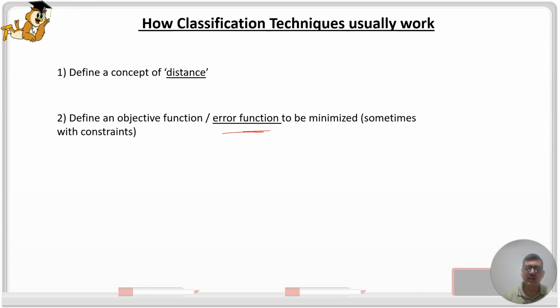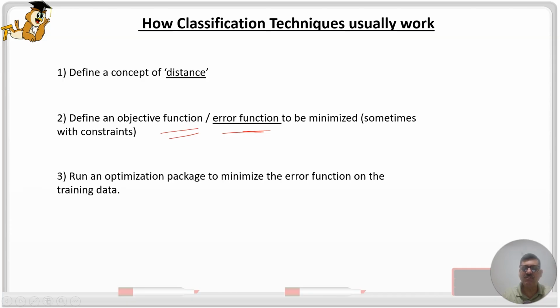So we define an objective function that has to be minimized in pretty much every technique. Finally, we run an optimization package to minimize the error function on the basis of the training data. You're given training data, you have defined an error function, and you use some optimization technique that is suitable for that error function. You run that optimization package to minimize the error function by feeding it the training data. This is how all classification techniques usually work.